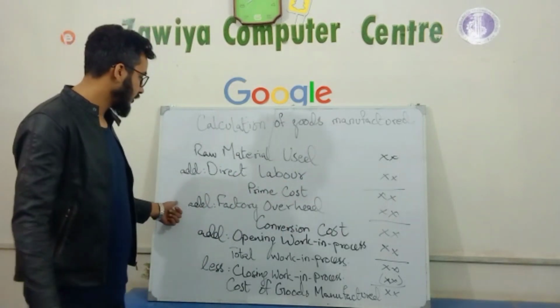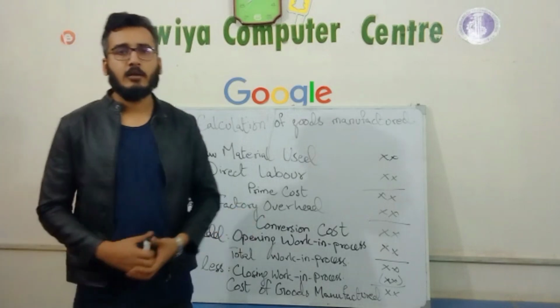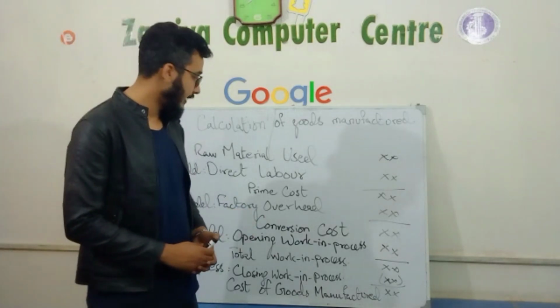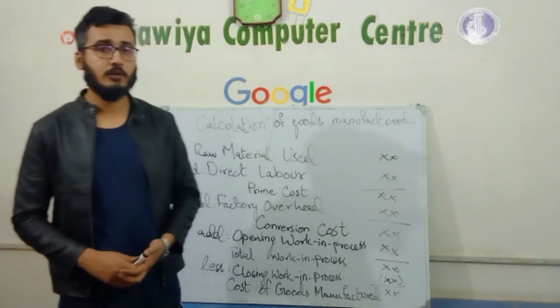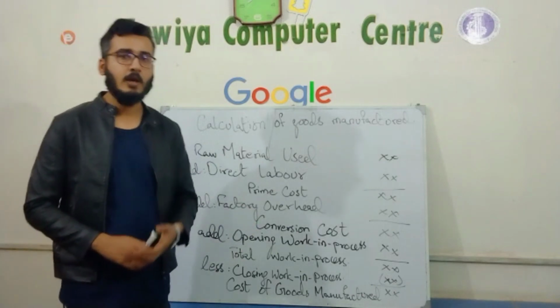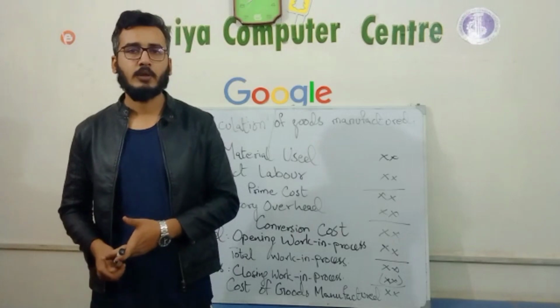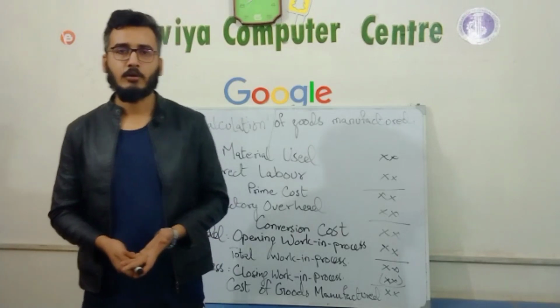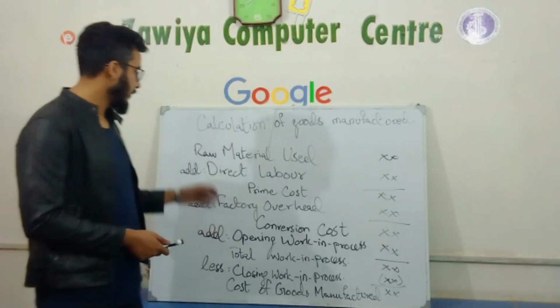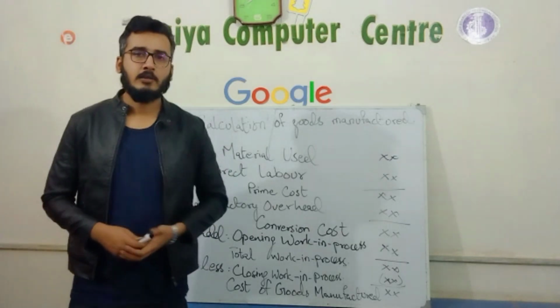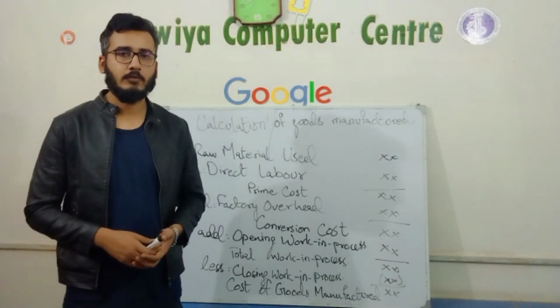Then we shall add factory overhead to it, and we will get the conversion cost. What is conversion cost, by the way? Conversion cost means all the cost which is incurred to convert the raw material into work in process. By applying the direct labor and the factory overheads, we will get the conversion cost.